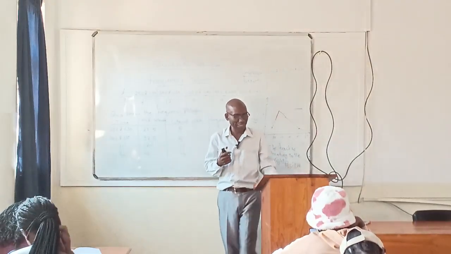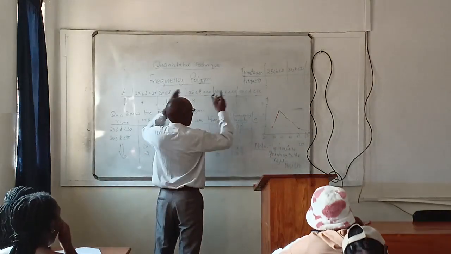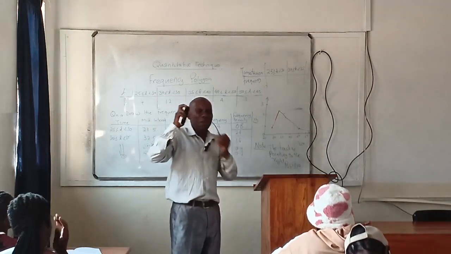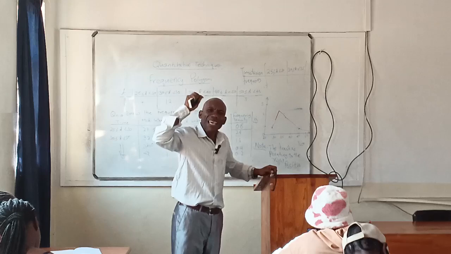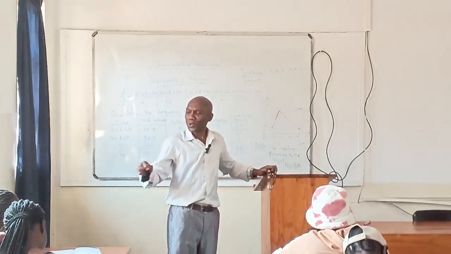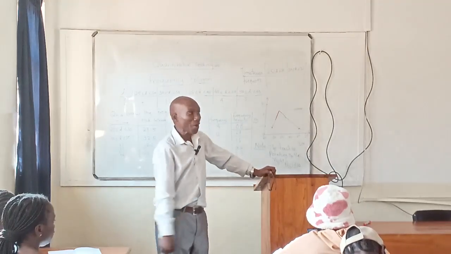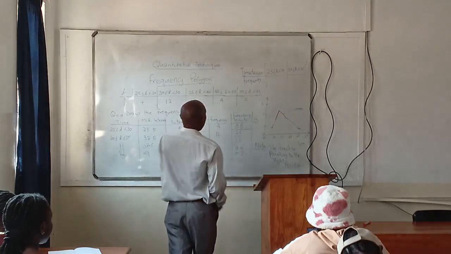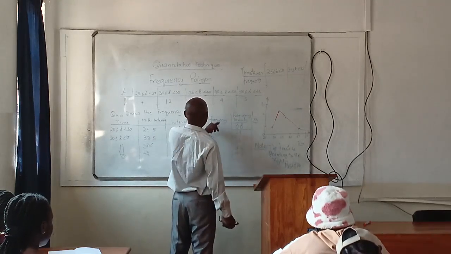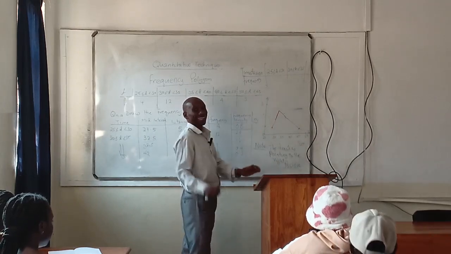Let me define what this normal distribution is. We are saying the word polygon is a line. How would you draw that line? You use a ruler, right? But even if you haven't calculated frequency density, even if you have only frequency, it can work.